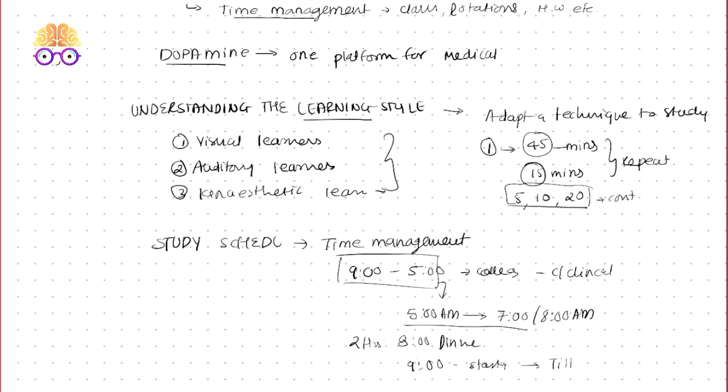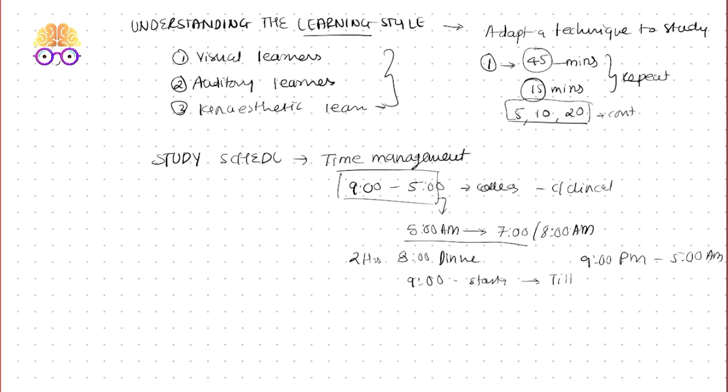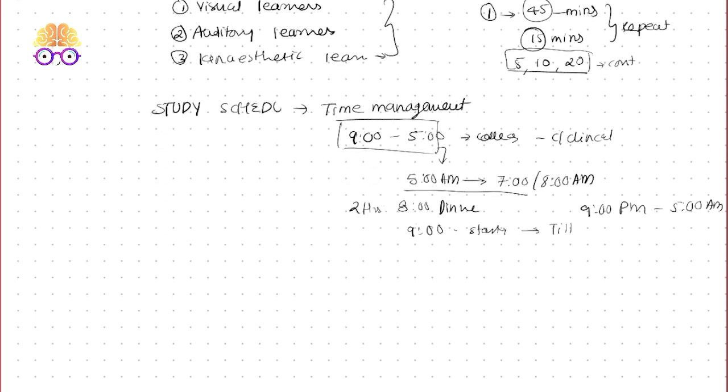For example, my personal times are from 9 p.m. till 5 in the morning, and then I go to sleep. I wake up at 8:30 and then go for my clinical rotations. So you need to have your time management done properly, and then you can see the changes in your study, grasping each and every piece of knowledge and correlating the cases that you are seeing in front of you during your clinical rotations.